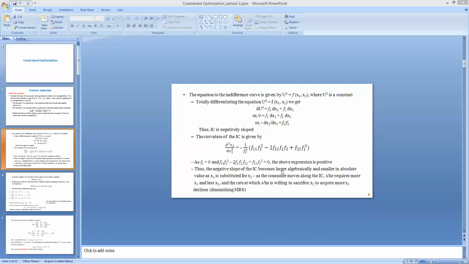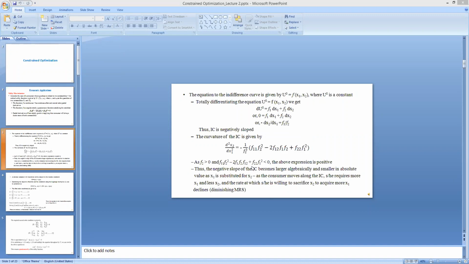So the negative slope of the IC becomes larger algebraically and smaller in absolute value as x1 is substituted for x2 as the consumer moves along the IC. So this is the idea when we are considering quasi-concavity of the utility function or strict convexity of the level curve.